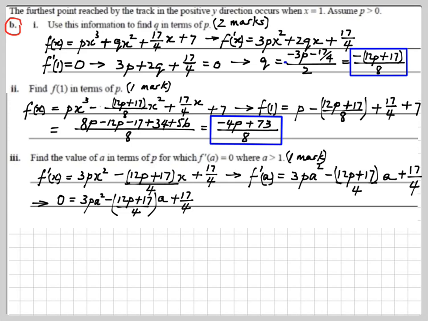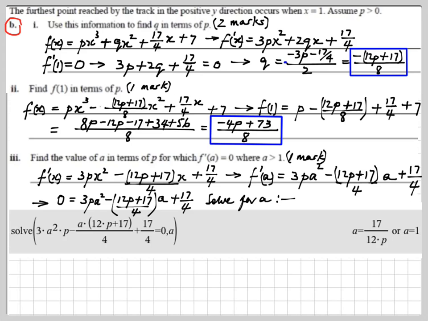Well, guys, we get the calculator and hopefully it'll solve nice and easily. We solve it for a and look how beautiful it came out. Now, we've got a is 17 over 12p. Well, who would have known? Or a is 1.